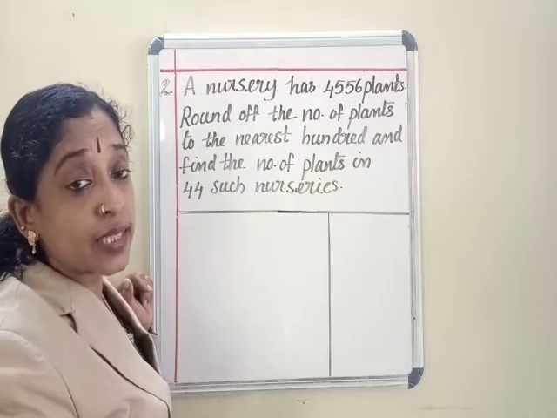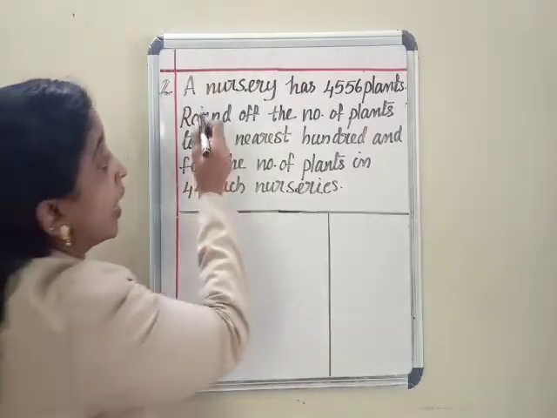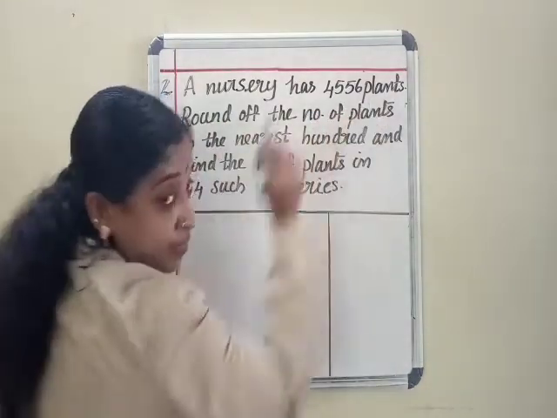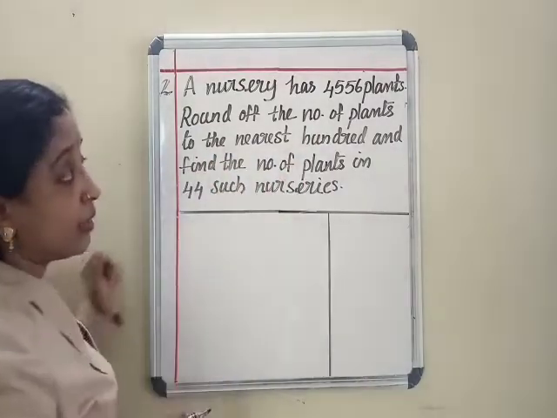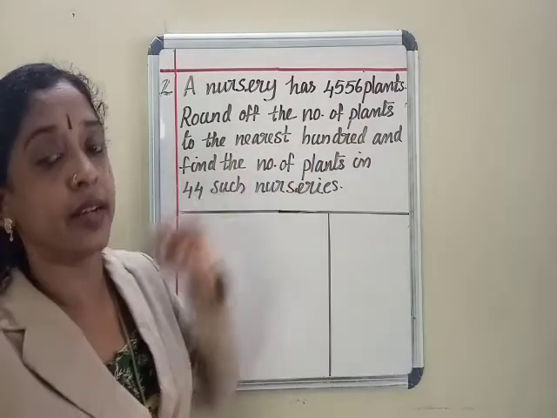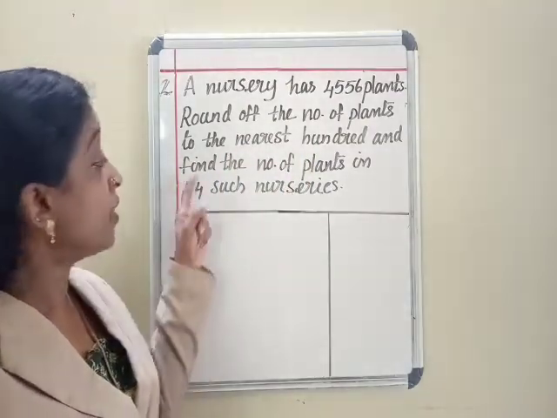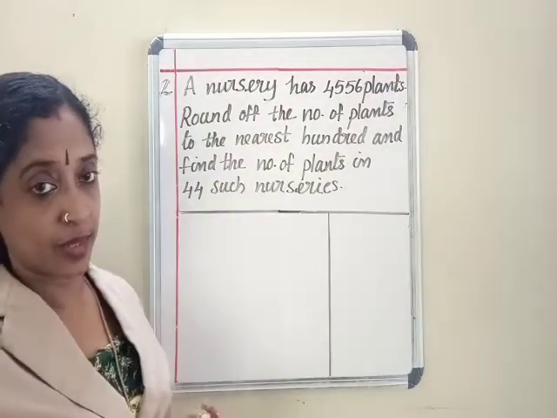Which one do we have to round off? A nursery has 4,556 plants, so that number of plants we have to round off to the nearest 100, and find the number of plants in 44 such nurseries.